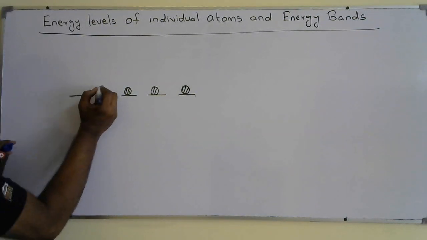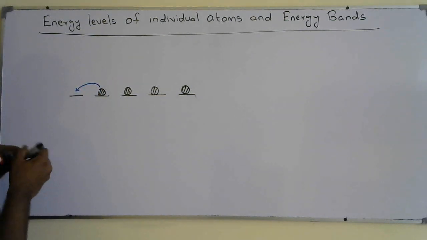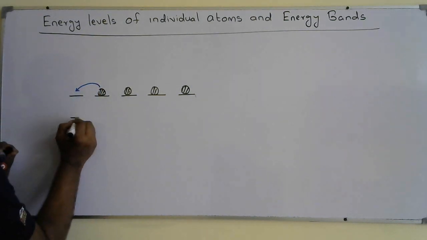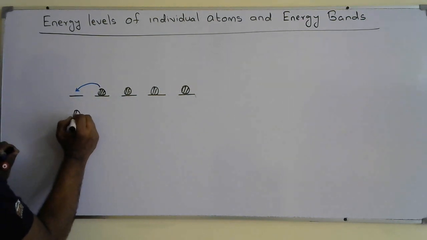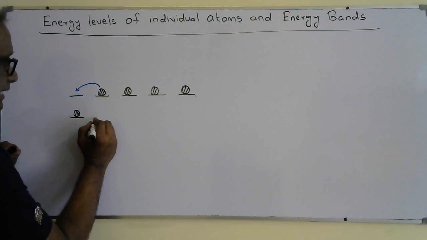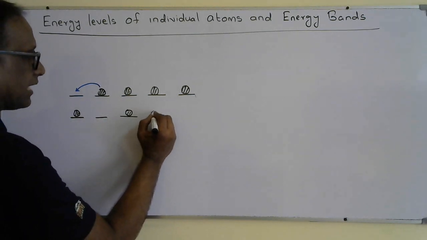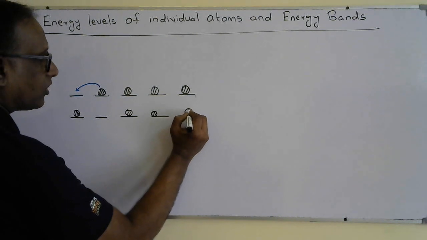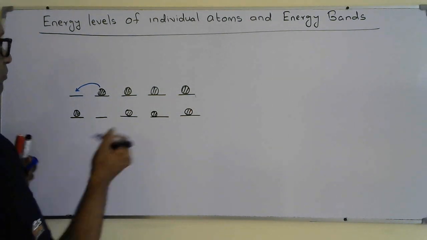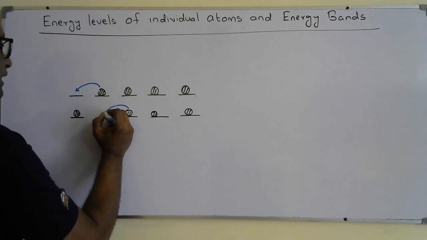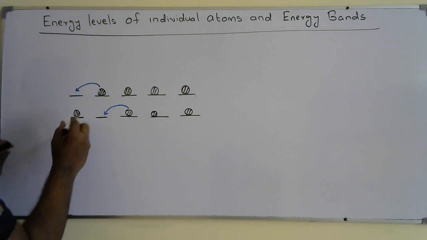If this ball moves from here to here, if I draw the diagram again, you can see now the first plate or first sheet has gained the ball, the second has become empty, the third is there, the fourth is there, and the fifth one also has a ball. Right, now when this ball moves to this empty sheet, what happens? This will remain there.